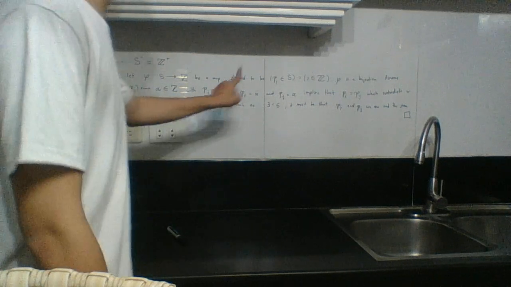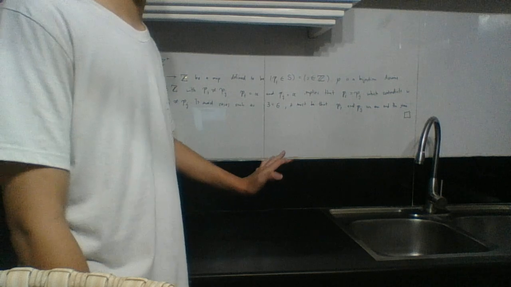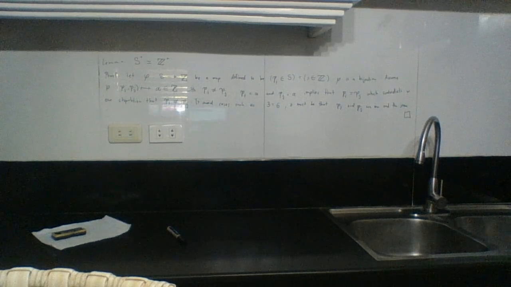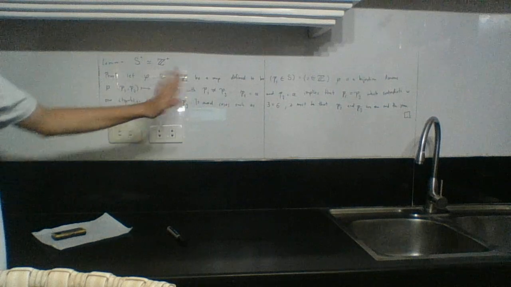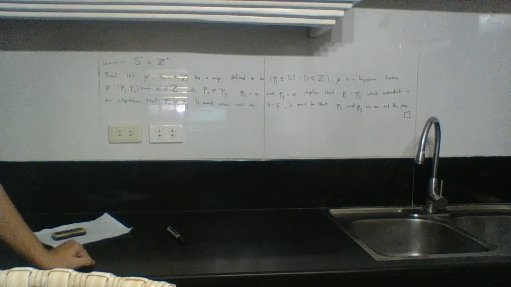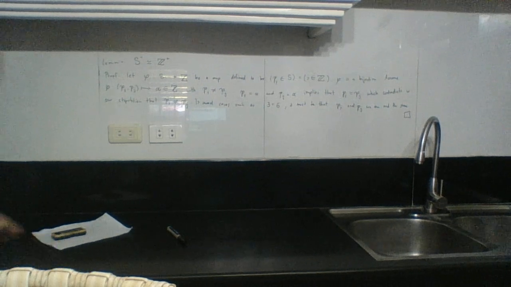Just take i and j to be equal to 3 and 6 respectively, and you get this case over here. And so that's why it must be a bijection. It must be 1-to-1, unless you want this thing to happen. And so that's why it's a bijection.